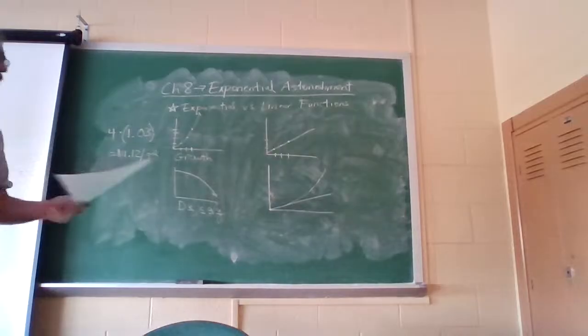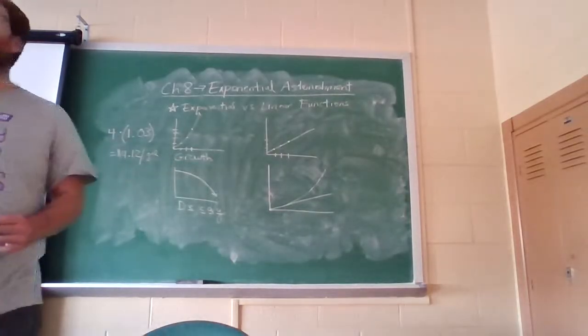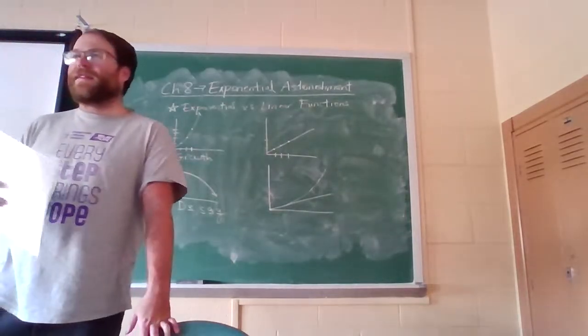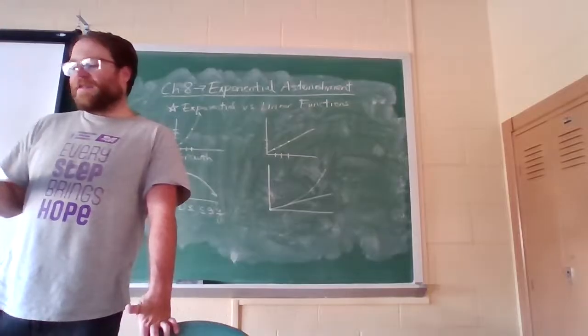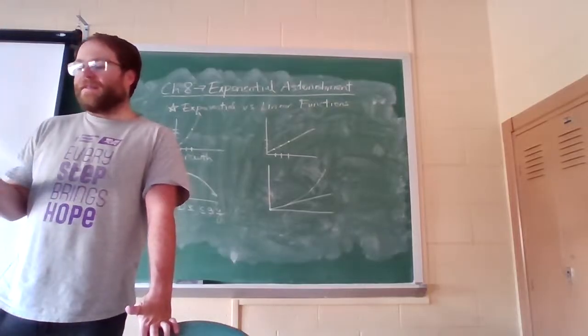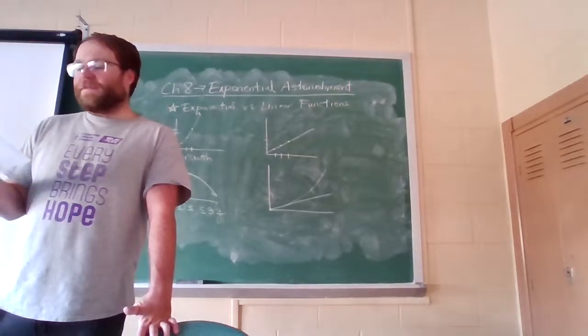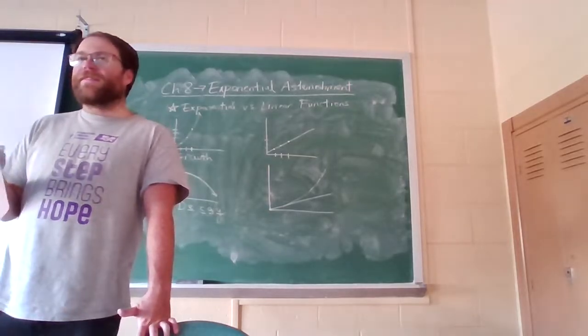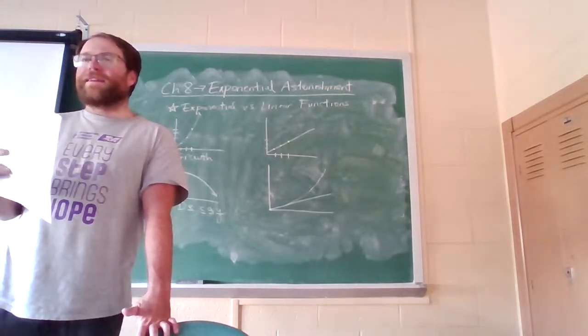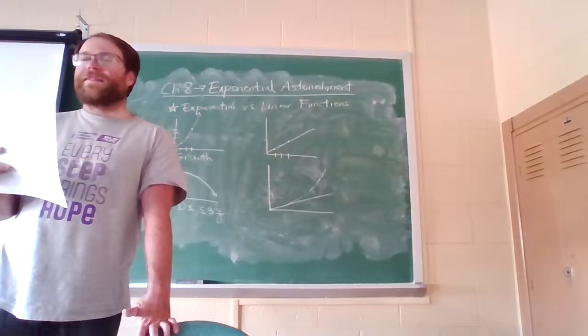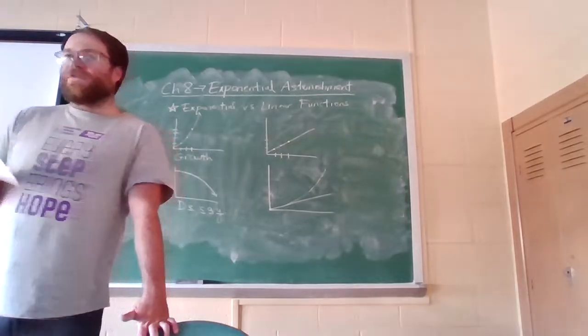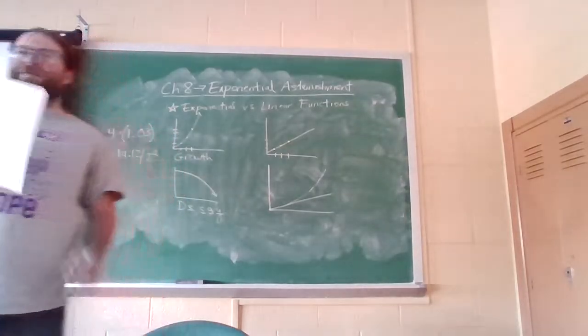Yep. What type of function would that be? Decay, it is going down. Exponential or linear? Linear, because it's the same amount each year. But isn't it going off of the year before? Well, $200 per year though.